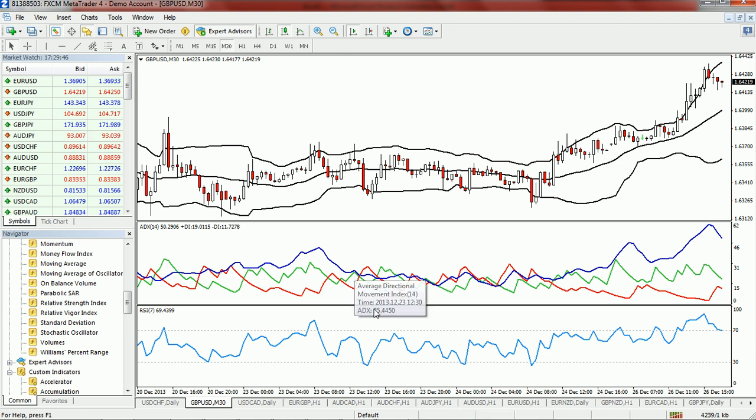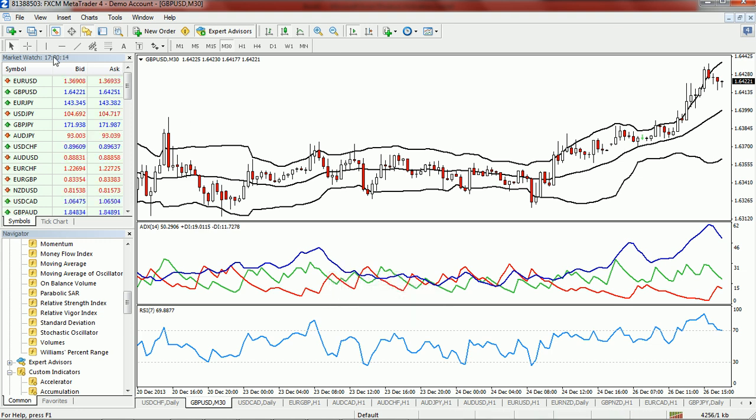For the buy signal, first you have to observe the RSI indicator. On the RSI indicator, for a buy signal, the indicator should cross the 30 level from below, and the actual ADX line, which is the blue line, should be less than 32.